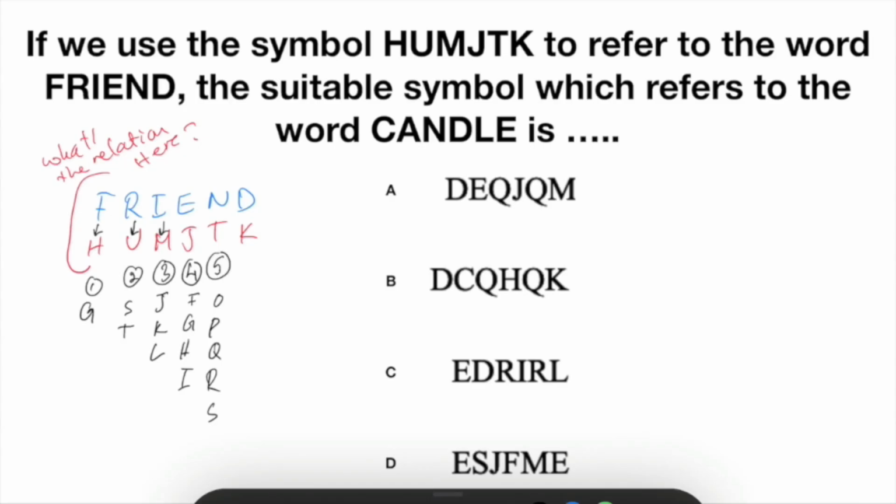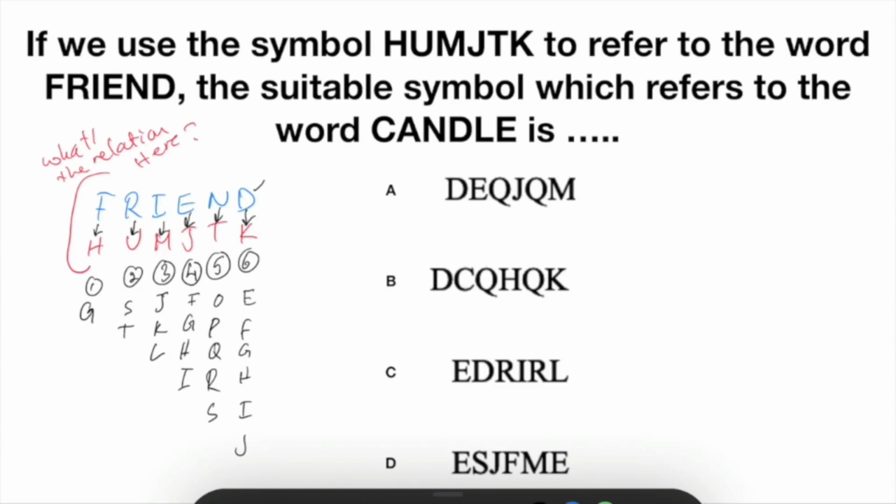Let's do the same with D in order to reach K. So I have A, B, C, D, E, F, G, H, I, J, then K. So I have here 6 letters. So here I know the relationship between the word and the symbol.